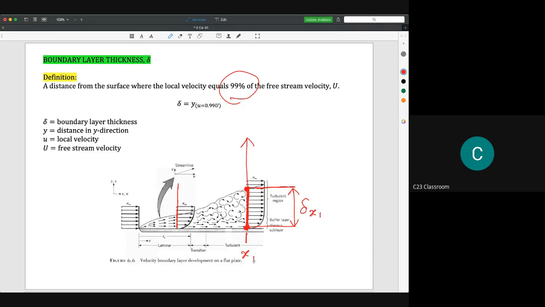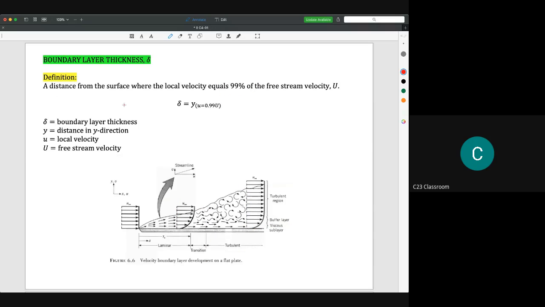If you want to measure it here, you could mention this as delta at x2, for example, because the location here is x2. So on every location, you could measure the boundary layer thickness. That is the definition of boundary layer thickness.